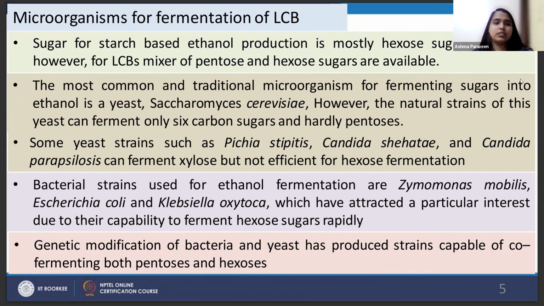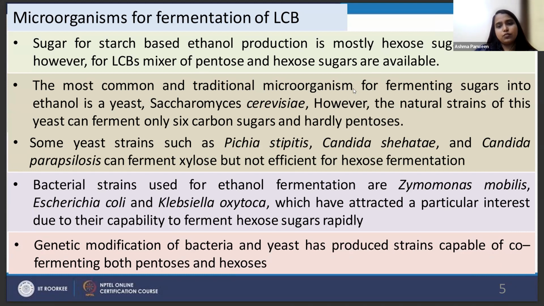The most traditional microorganism for fermenting sugar is yeast. This is the name of the yeast, Saccharomyces cerevisiae. It is one of the traditional fungi, that is yeast, used for fermentation.